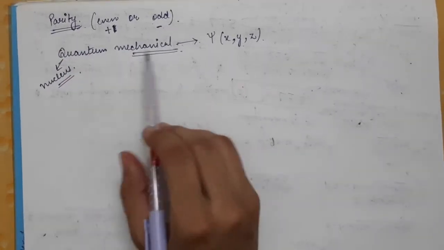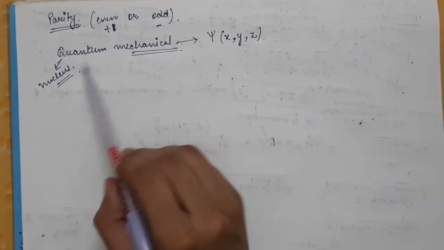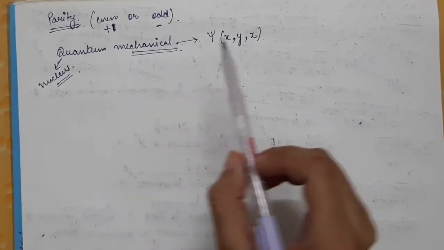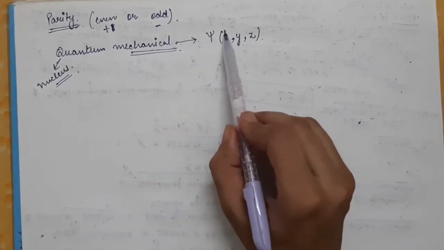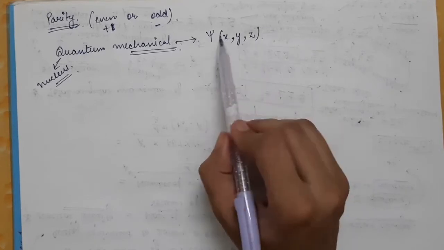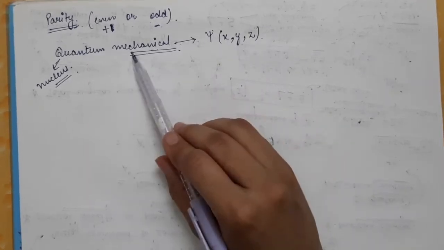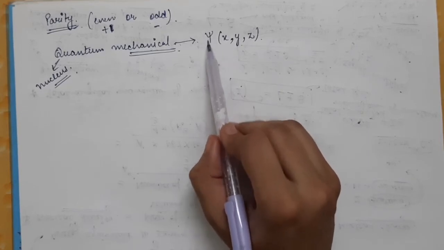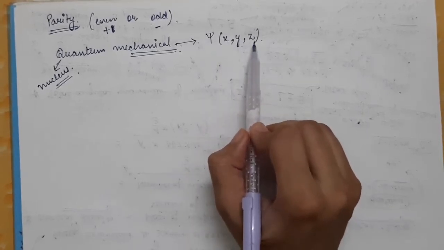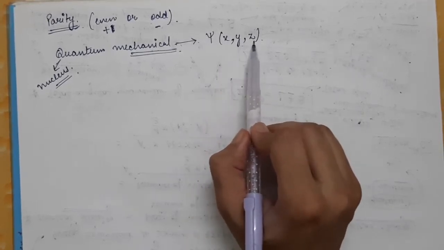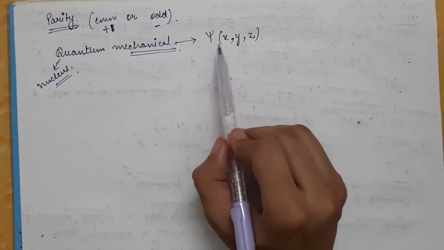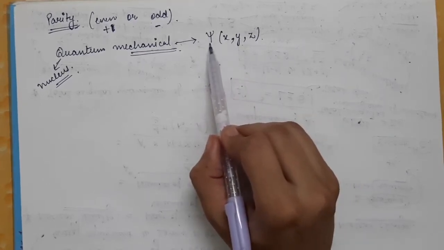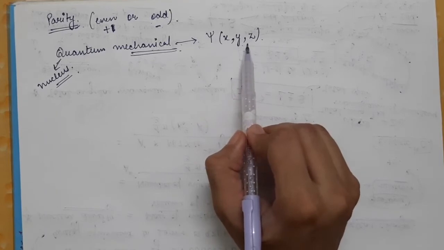So the nucleus is also a quantum mechanical system, and a wave function is associated with every quantum mechanical system, which is represented by psi. And this wave function depends upon three coordinates, which are x, y, z. So this is the dependence of the wave function on the position coordinates.